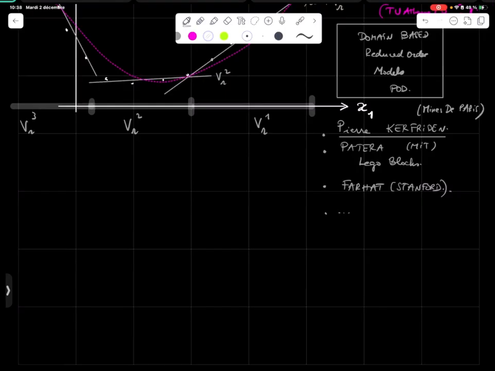Now, what is PCA? Again, I'm not covering any part of the details. This is page 203 of version 6. So what I'm talking about there is that PCA is some sort of statistical version of POD.